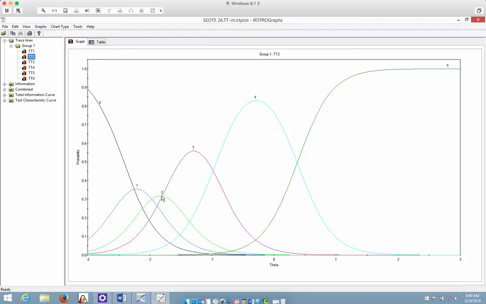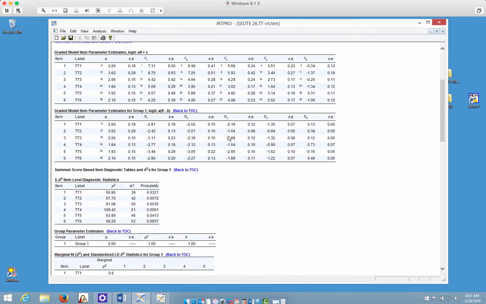And then if we look at where mildly disagree crosses the category of mildly agree, that's going to be at about negative 1.6. And we can verify that right here, negative 1.64.